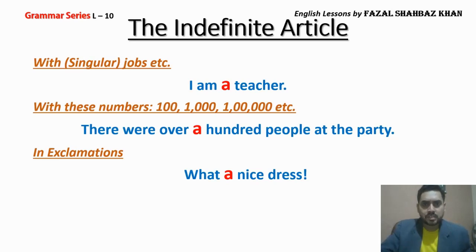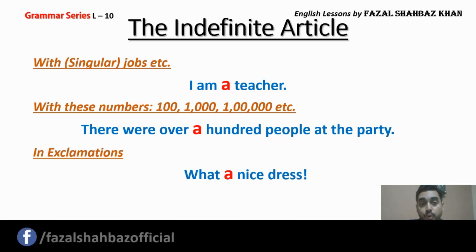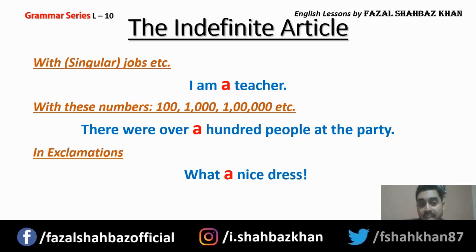Many such expressions and exclamations come through, and by default we attach a always in between. We can never go for an, we can never go for the. Even when we specify some nouns, and when we talk about them in appraisals specifically, we can never go for any other article than a. As you can see, what a nice dress.